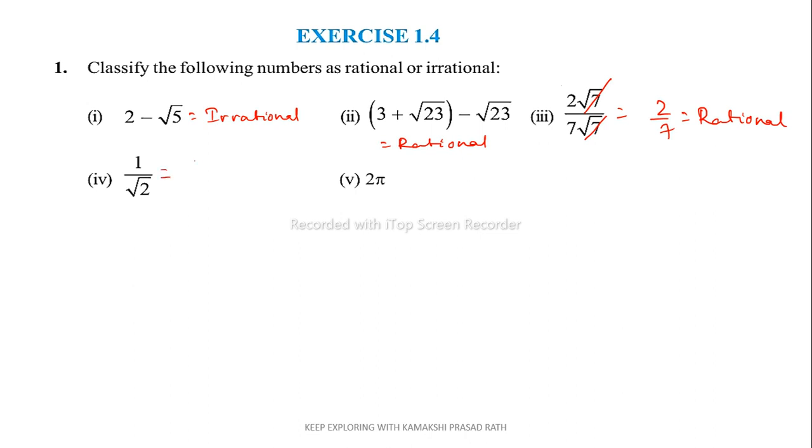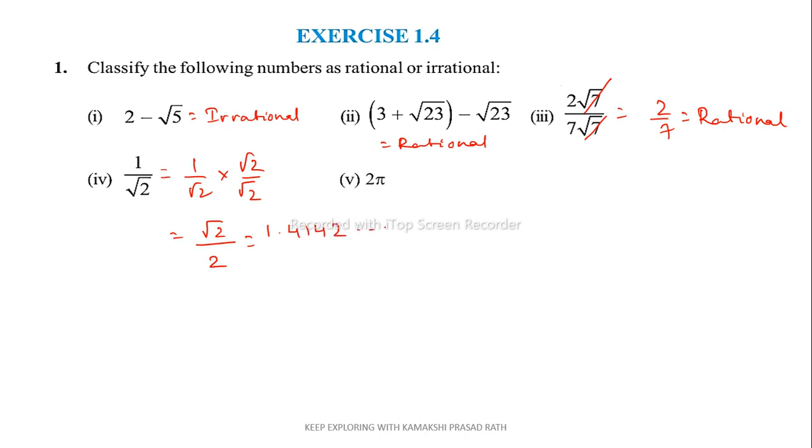So 1 by root 2. So the rationalizing factor is root 2. We get root 2 multiplied by root 2, we get 2. So we know the root 2 value is somewhat 1.4142 and so on.